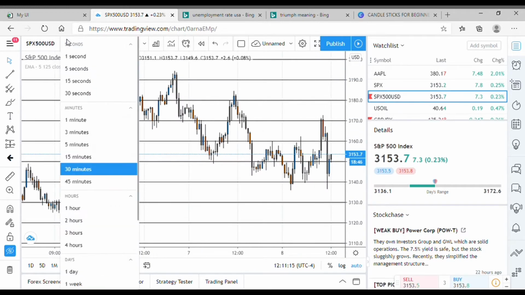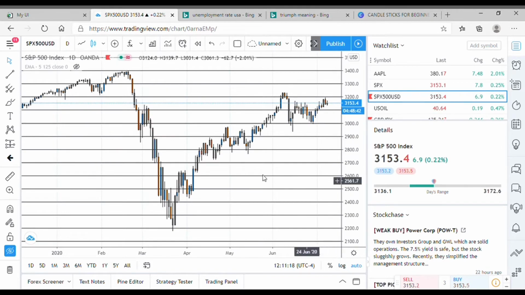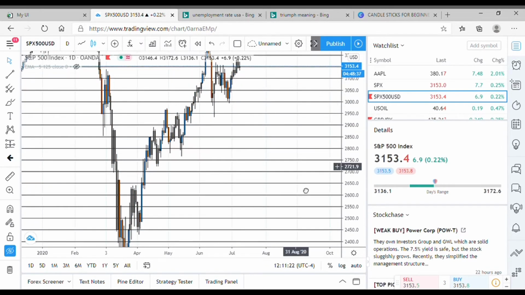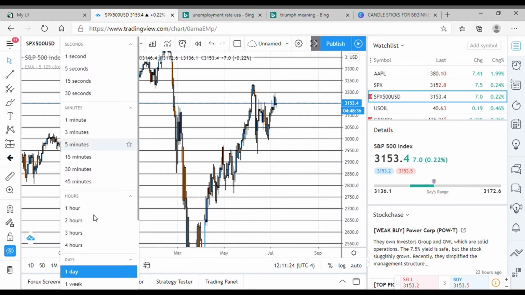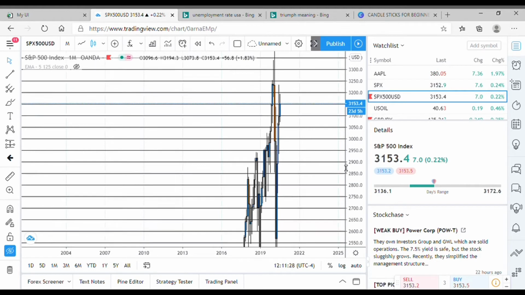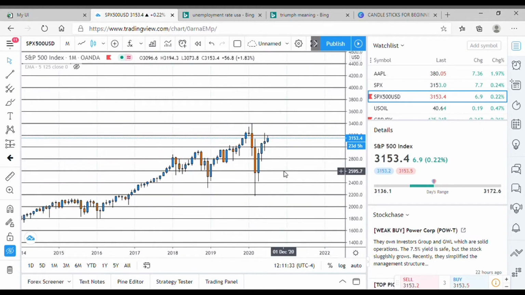Basically, we have different time frames. We have the 1 day time frame, the daily time frame I was telling y'all about, and it goes all the way up to a monthly perspective. This chart right here is showing us how much the price has moved in a month.